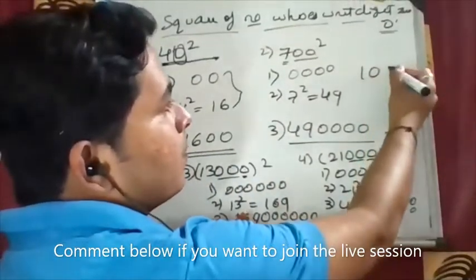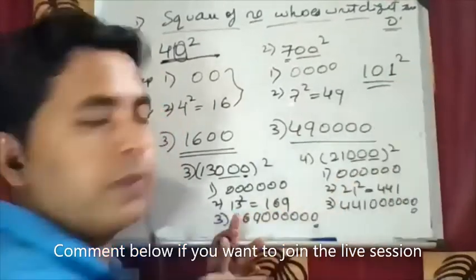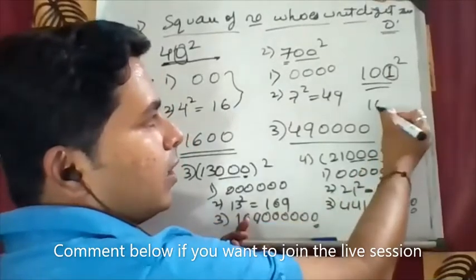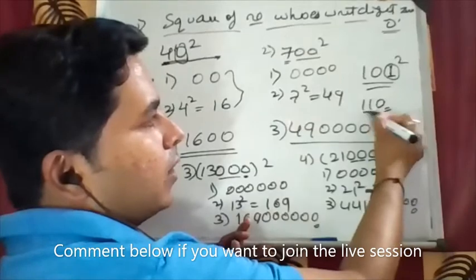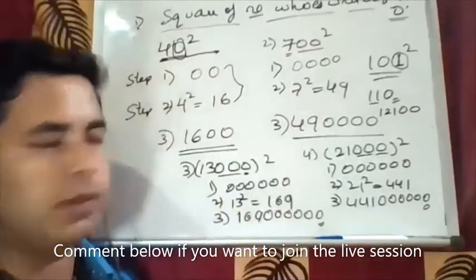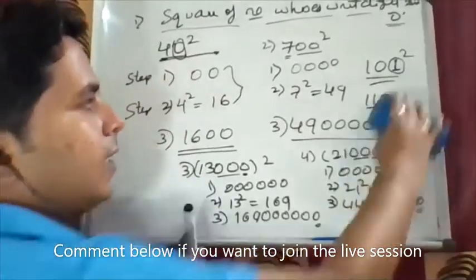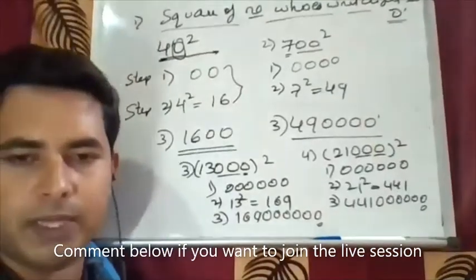If it is 101 square, I'm not talking about 101 square here. So here the 0 should be at the end. So if it is 11 with a 0 here, make it double zero. Then the answer will be 121 00, it comes like that. So the unit place should be a 0. Then you have to use this method.